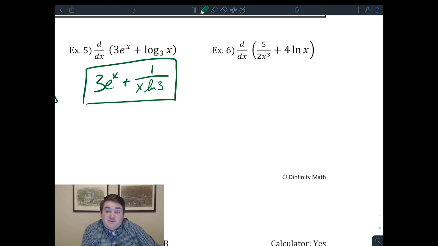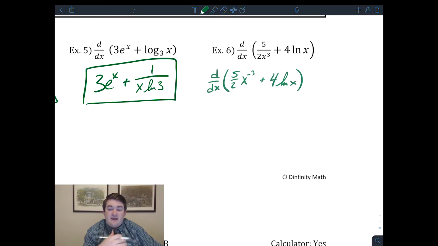And last for this group, example 6, find the derivative of 5 over 2x cubed plus 4 ln x. So I'm going to rewrite this problem in a way that's nicer. I'm going to write it as 5/2 x to the negative 3 plus 4 ln x. Now that I see it like this, I can use the power rule and my new rule for natural log to take the derivative.